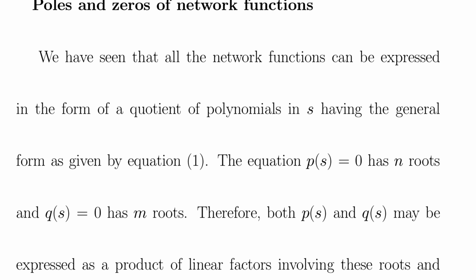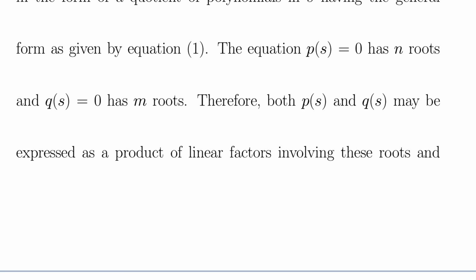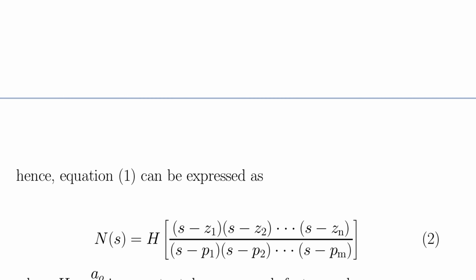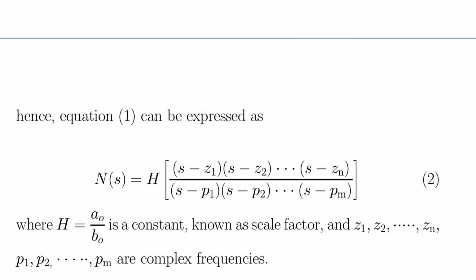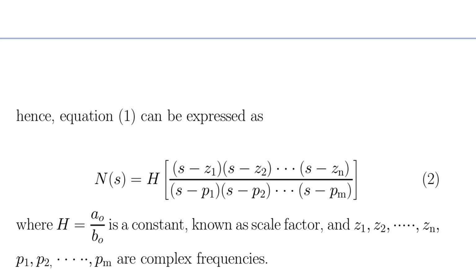Therefore, both Ps and Qs may be expressed as a product of linear factors involving these roots, and hence equation 1 can also be expressed as Ns is equal to h times (s minus z1)(s minus z2)...(s minus zn) divided by (s minus p1)(s minus p2)...(s minus pm), where h is equal to a naught upon b naught, a constant, and this is known as a scale factor.